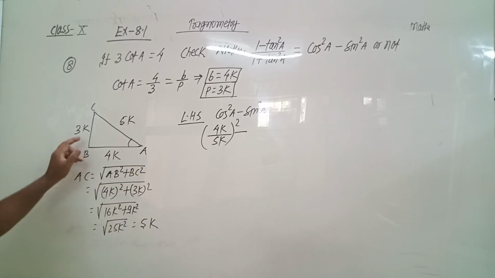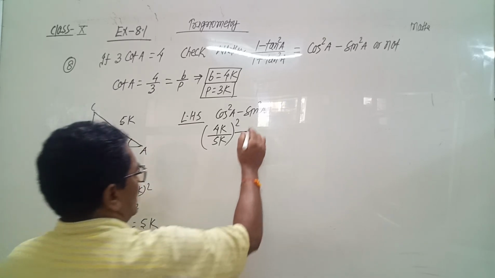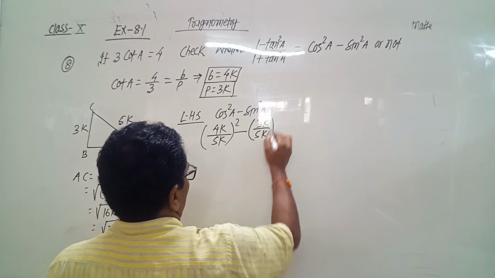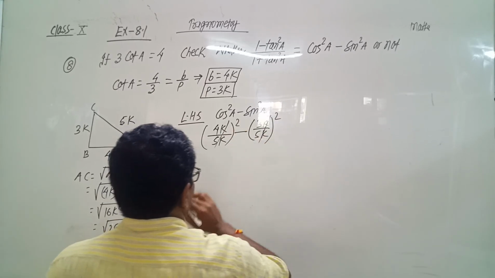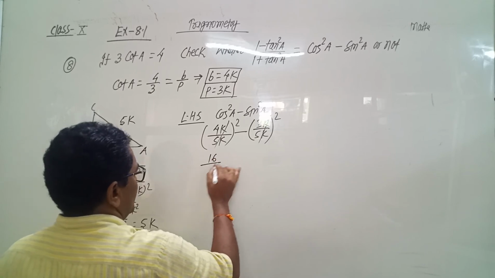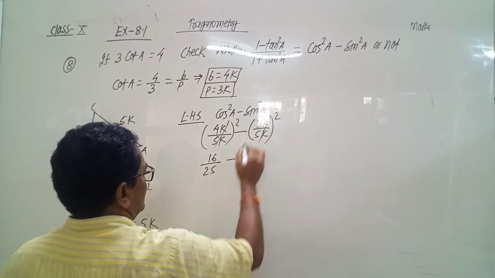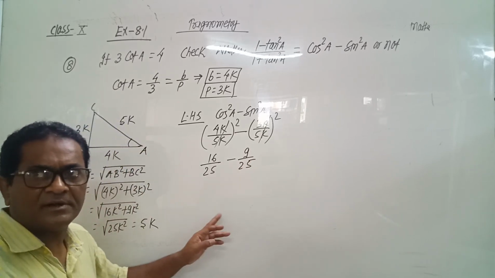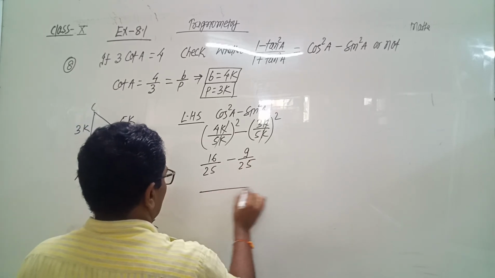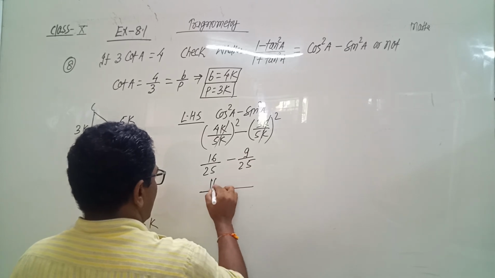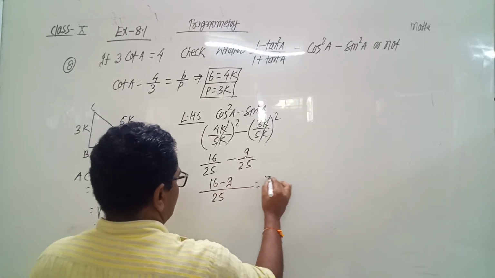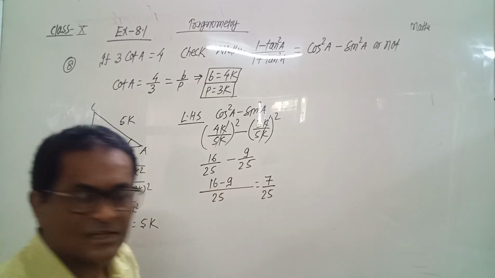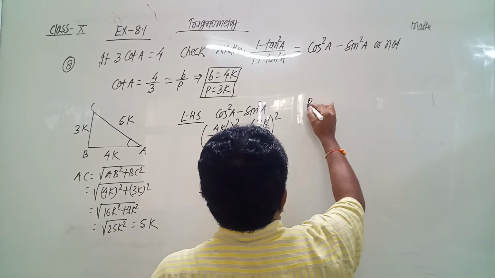Sine is perpendicular upon hypotenuse, so 3k upon 5k the whole square. K gets cancelled. The square of 4 is 16 by 25 minus the square of 3 is 9 by 25. Taking LCM 25, we get 16 minus 9, so the result is 7 by 25. This is RHS. Now we find LHS.